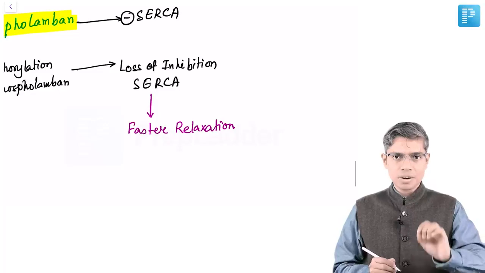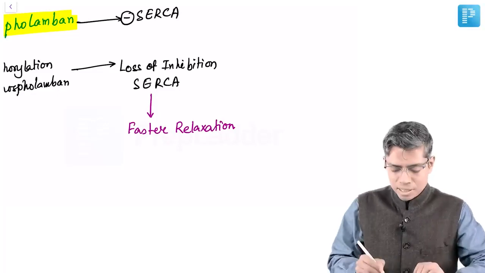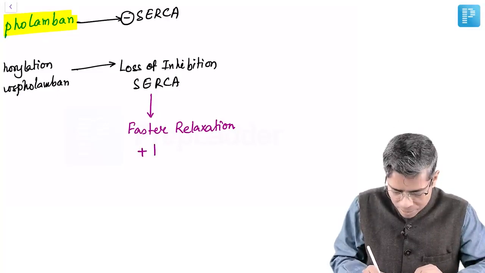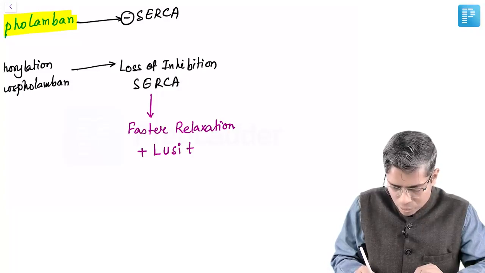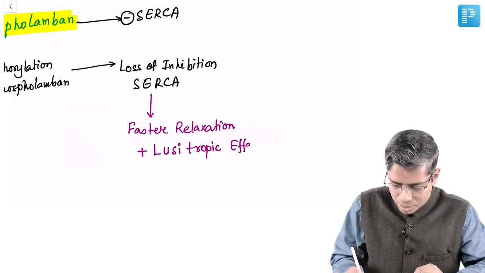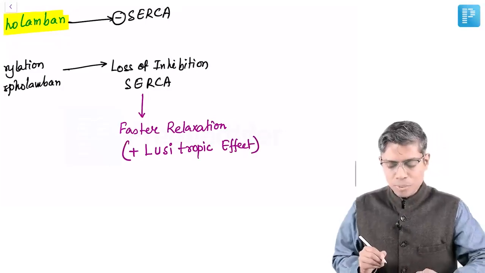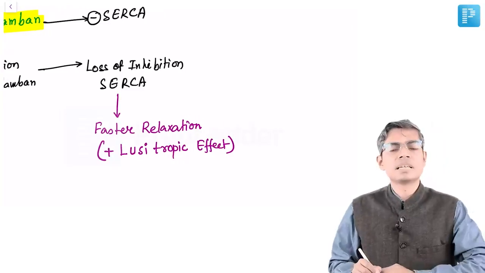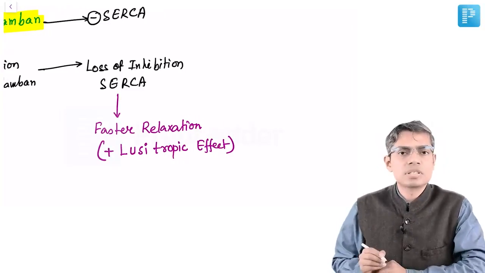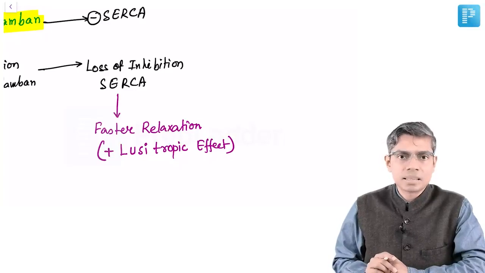Faster relaxation of myocardium, note down, is known as positive lusitropic effect on heart. So what I am saying, you must have heard about the positive inotropic effect, positive dromotropic effect, positive chronotropic effect, positive bathmotropic effect.